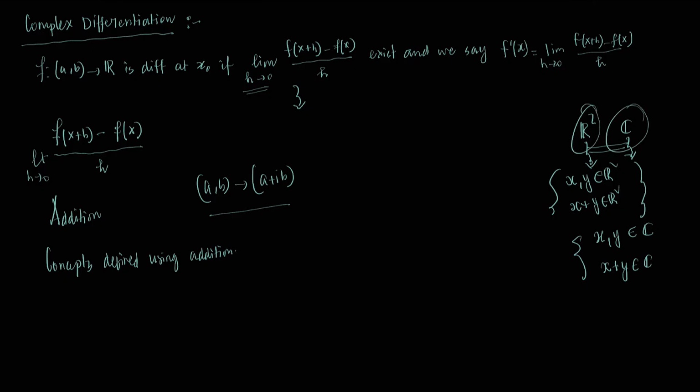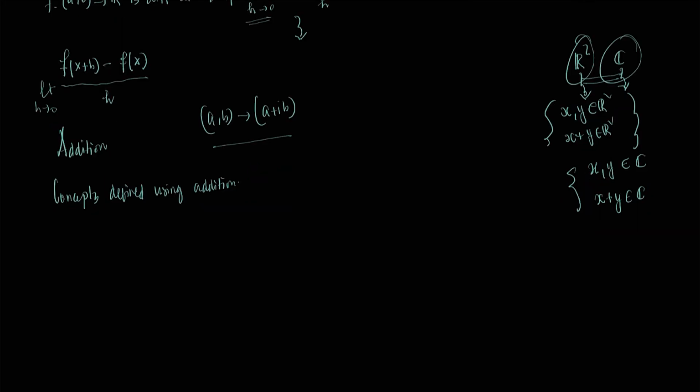So for example, you have looked at the definition of continuity, or the definition of limit, the same sort of thing. But in differentiation, it depends on how we are defining it.